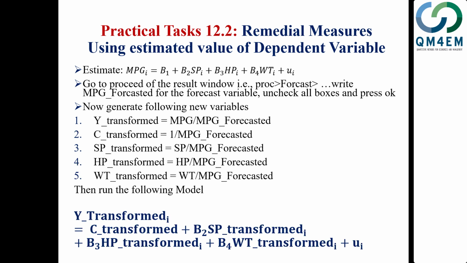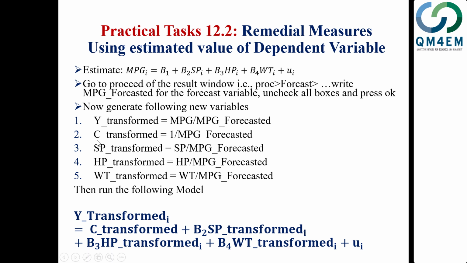You were asked first to run the model, then you were asked to generate the 5 transformed variables, which were generated by dividing the original variables by the forecasted value of the dependent variable.